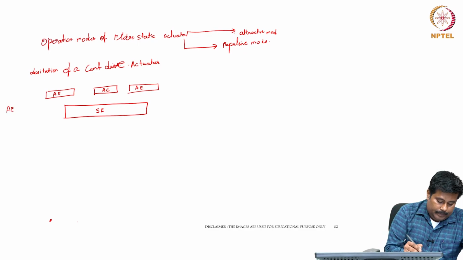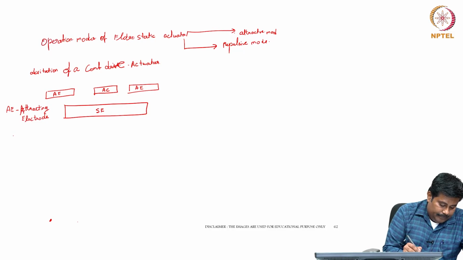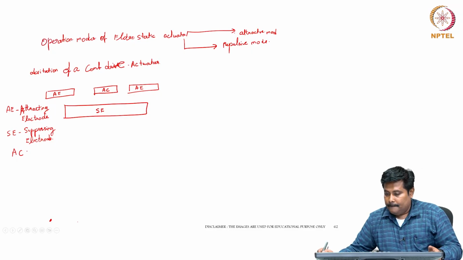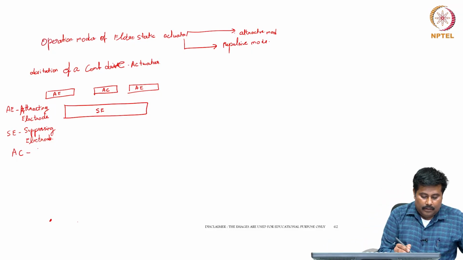AE is called the attracting electrode, SE is called a suppressing electrode, and AC is called an actuated electrode.